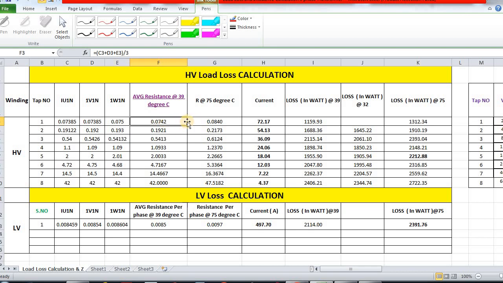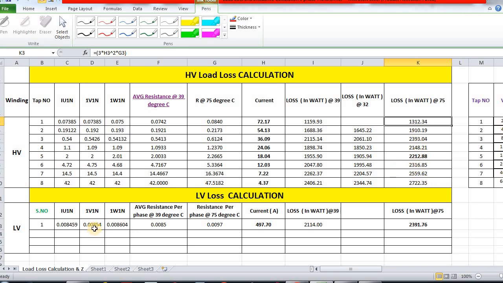This resistance is converted to 75 degrees Celsius, and this is their current rating, and their load loss is 3I square at 39 degrees Celsius, also converted into load loss at 75 degrees Celsius. So this is the tap 1 load loss of the HV winding, and HV winding tap 1 to tap 8 is the total.